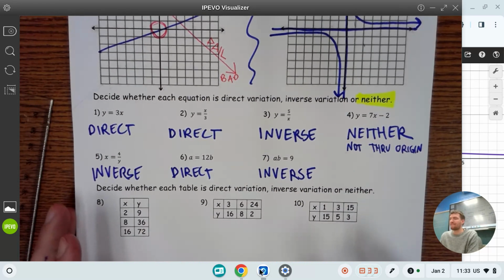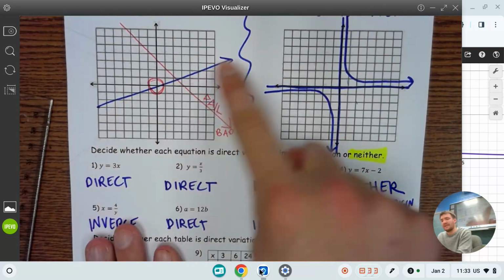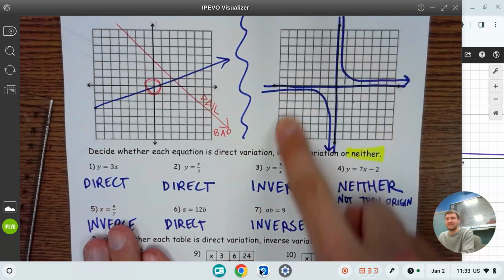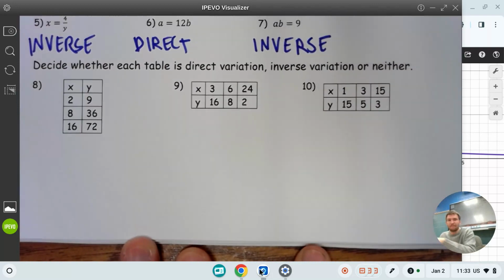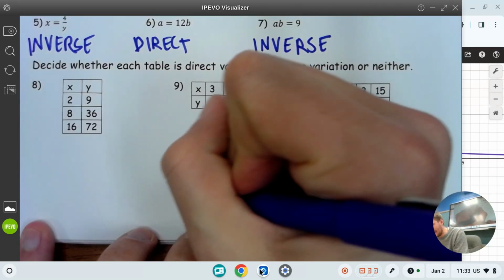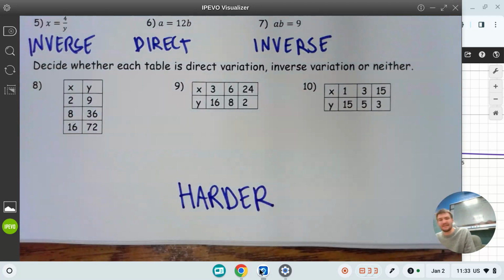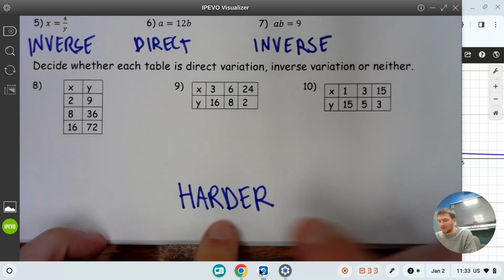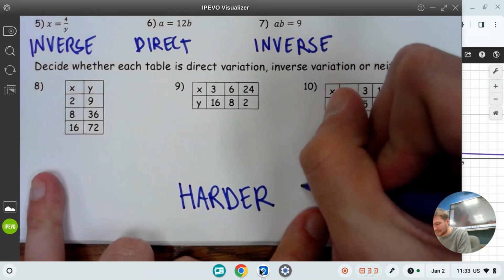Now I said that this is about 80% of what you got to learn: the difference between a straight line and these crazy boomerangs. Here's the last 20%. This is harder, I'll be honest with you. This does require a brain, which is a step up from the last 7 questions. We're going to be looking for 2 things.